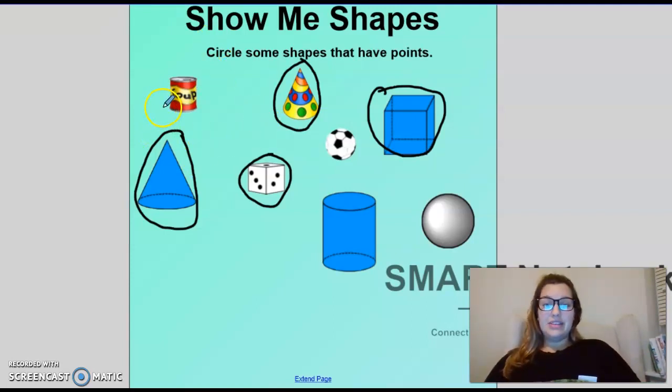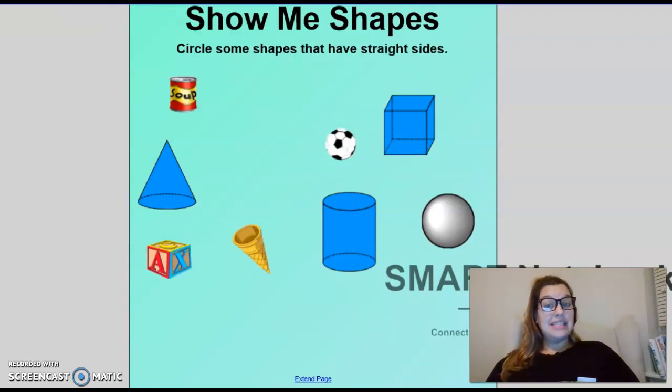Very good. So we actually just classified or sorted our shapes by using the features of points and having no points. Great job. Let's go on to our next problem.